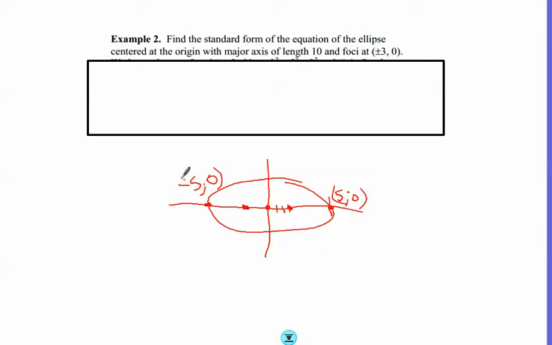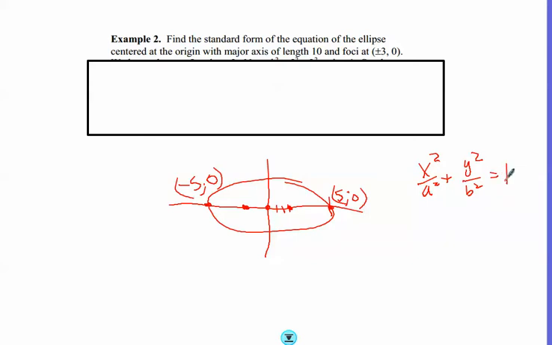So going back to our equation, which is x squared over a squared plus y squared over b squared equals 1.